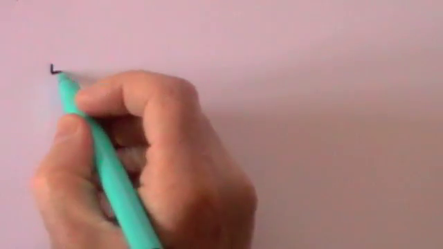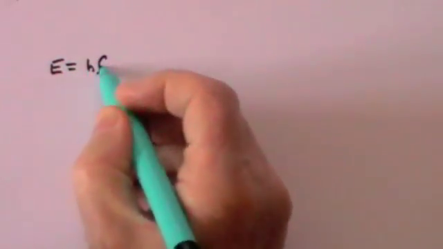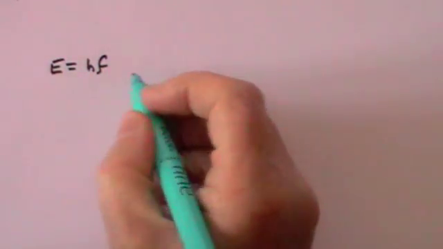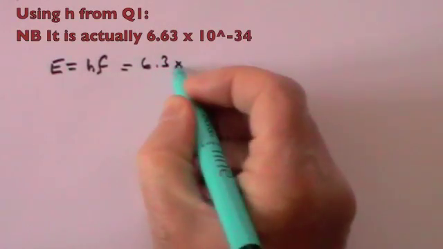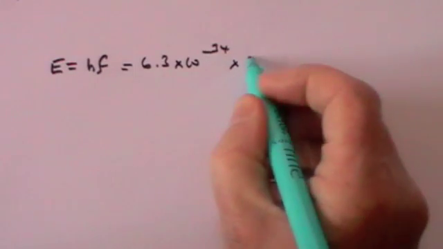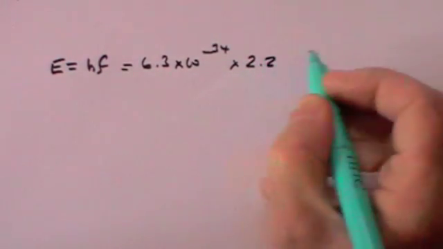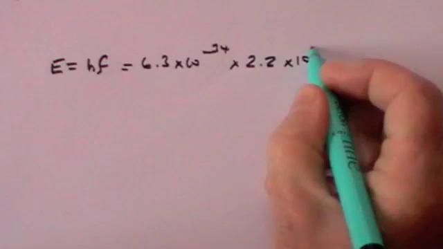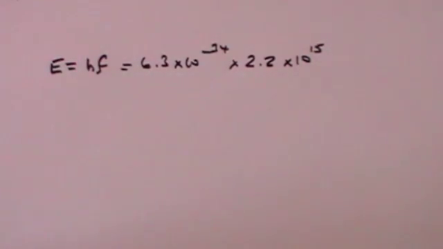Well, to find the energy of the photon, we're just going to use the standard E equals HF. H is 6.3 times 10 to the minus 34, and the frequency we were given was 2.2 times 10 to the 15 hertz. And that is going to be measured in joules.